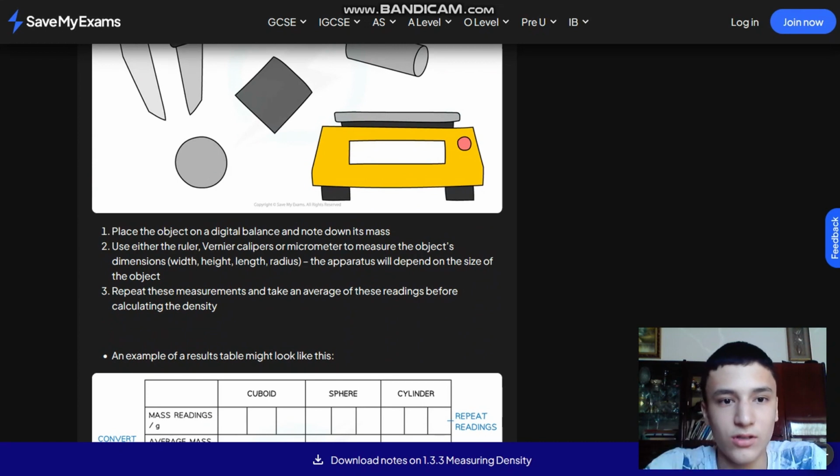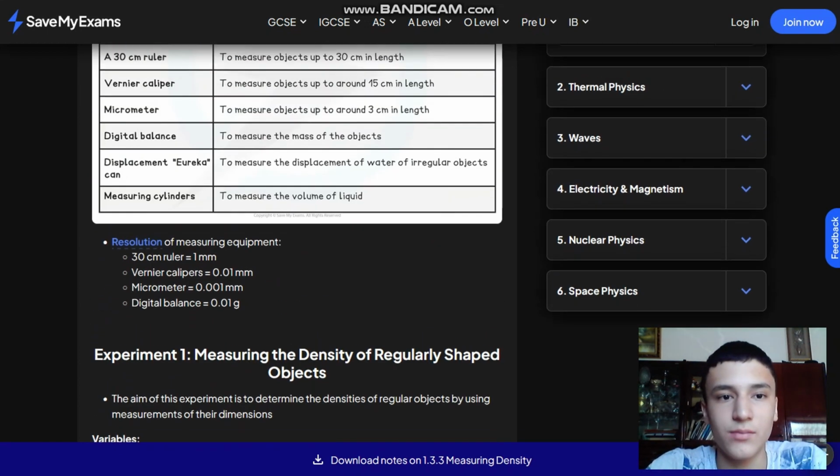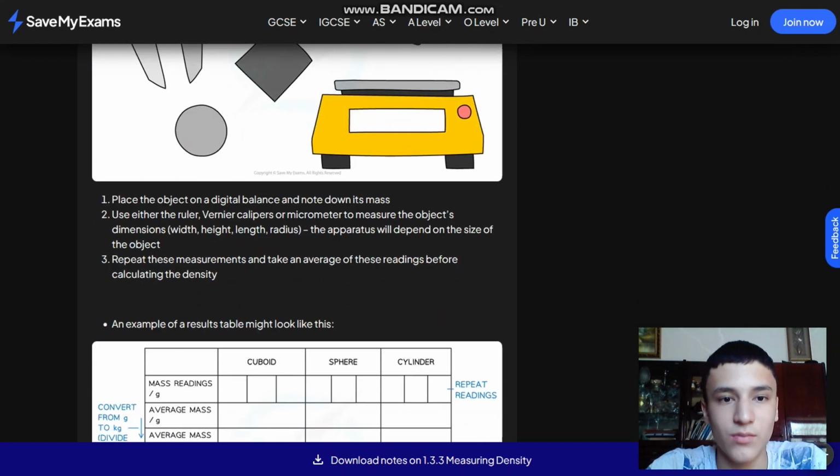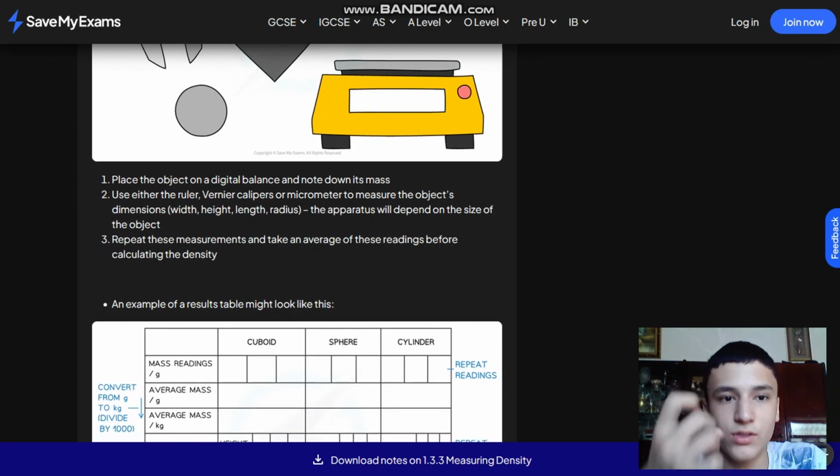Place the object on the digital balance to get its mass and write it down. You can use either a ruler or vernier calipers, as mentioned above, to measure the object's dimensions, because we need the object's volume.